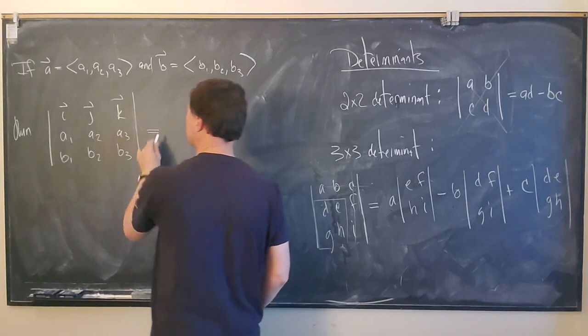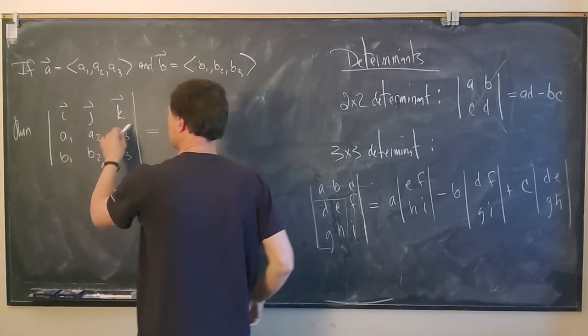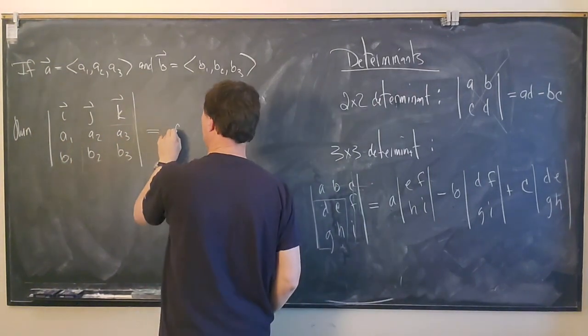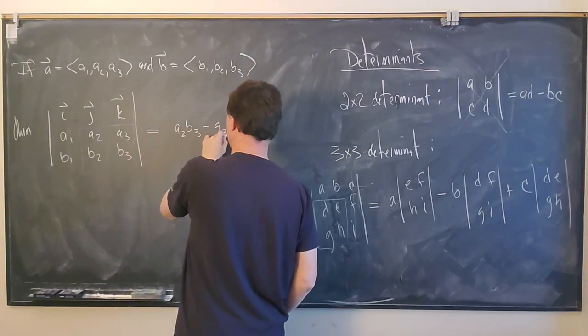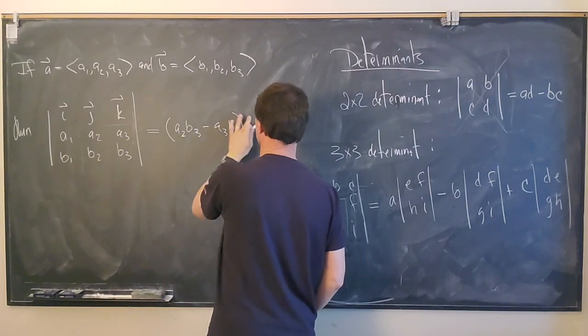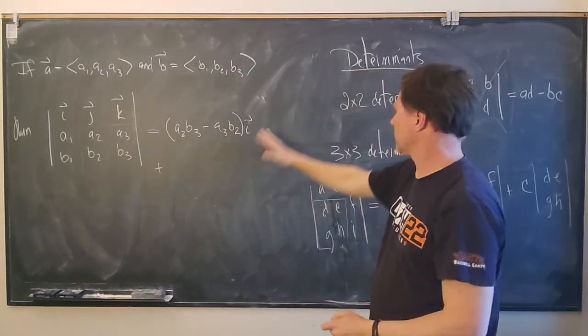So let's see, it's going to be I times the determinant of that lower right-hand corner. So that's going to be A2, B3 minus A3, B2, times I. I'm going to arrange it this way because I'm running out of room here.